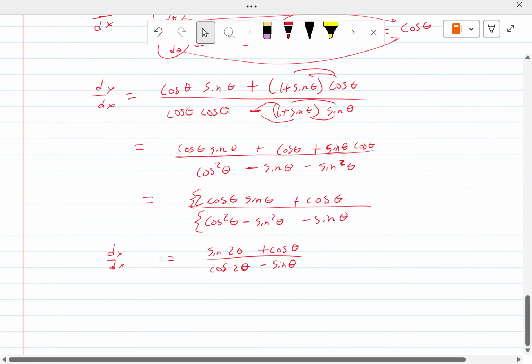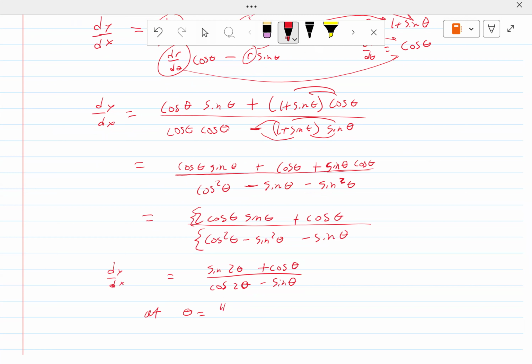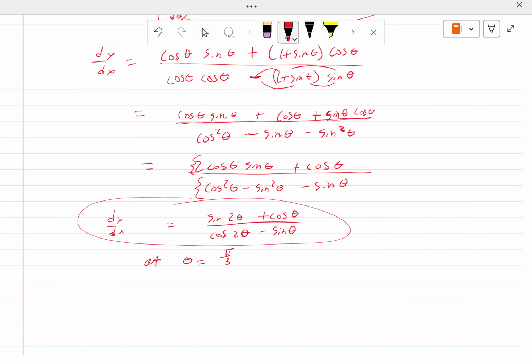Now we want to evaluate this at theta equals pi over 3. Let's plug in pi over 3 into this expression. So the derivative dy dx is equal to sine of 2 pi over 3 plus the cosine of pi over 3 all over the cosine of 2 pi over 3 minus the sine of pi over 3.